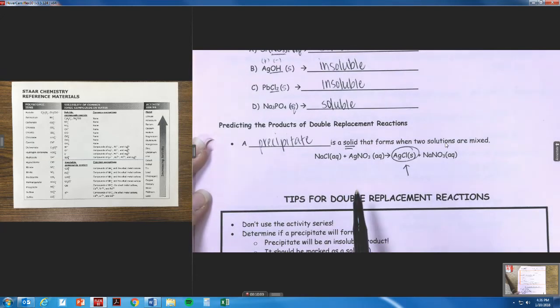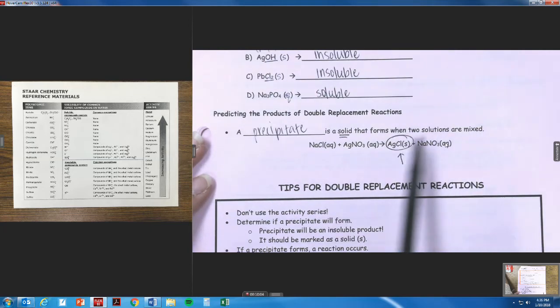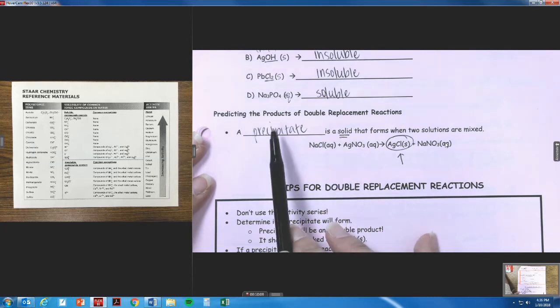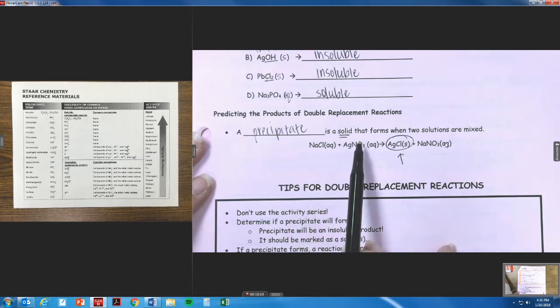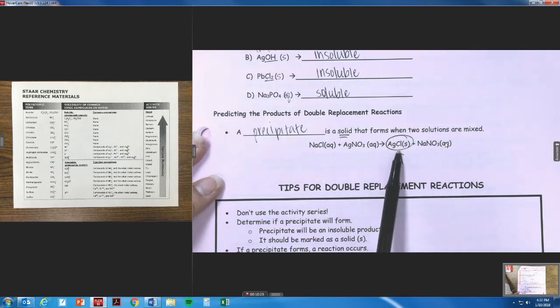A precipitate is a solid that forms when two solutions are mixed. The key word here is solid. So you know that a precipitate is a solid. Looking at this chemical equation, are any of these a solid compound? Your answer is yes.